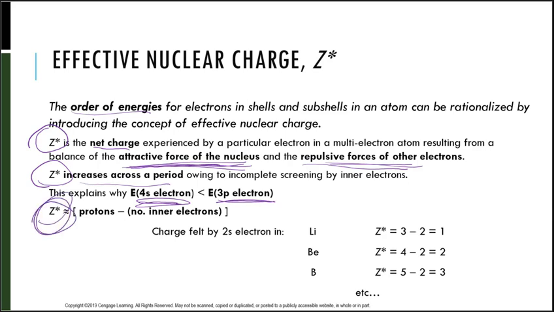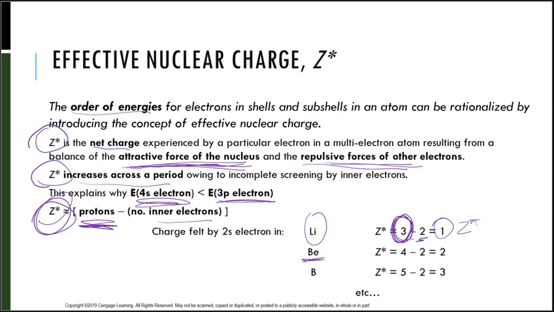So let's look at our Z star. We essentially just take our protons and we subtract the number of inner electrons. Let's look at lithium. Lithium has 3 protons. Its atomic number is 3. And we subtract the inner electrons, so everything that's in row 1, which is 2 electrons. So 3 minus 2 is 1. It has an effective nuclear charge, or a Z star, of 1.